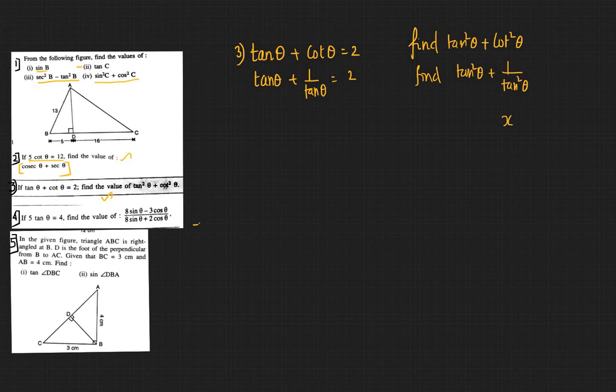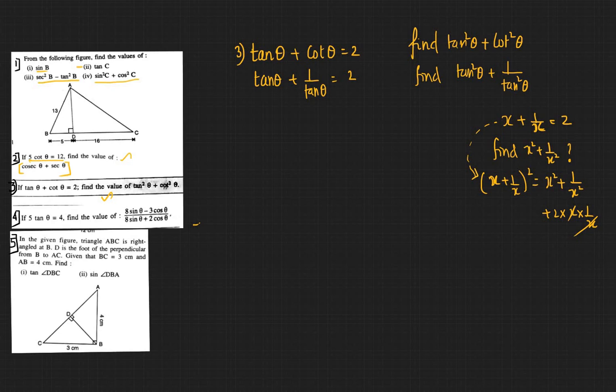So let me remind you that in algebra you had a question like this. Let x plus 1 by x be 2. Find x squared plus 1 by x squared. And the way you used to do it is you used to square this. So you used to say, this is x plus 1 by x the whole squared, because this would be a squared plus b squared plus 2ab, which is 2 into x into 1 by x, and the whole idea is that the x gets cancelled, right?